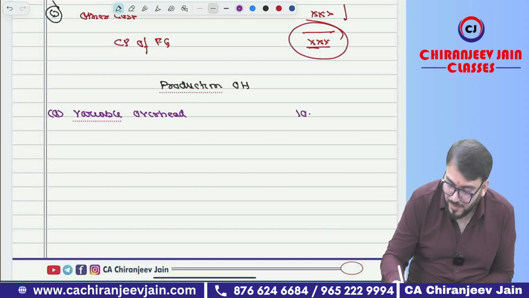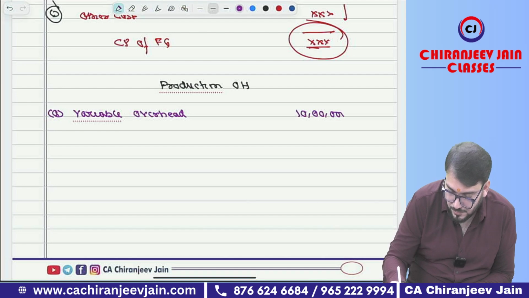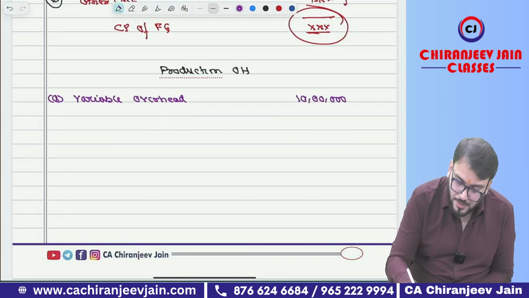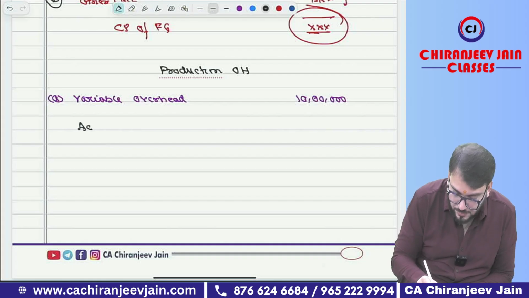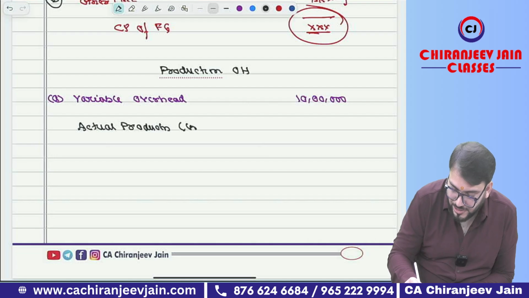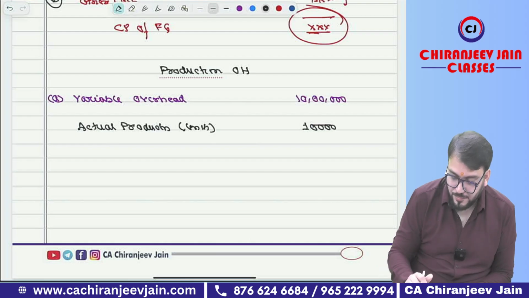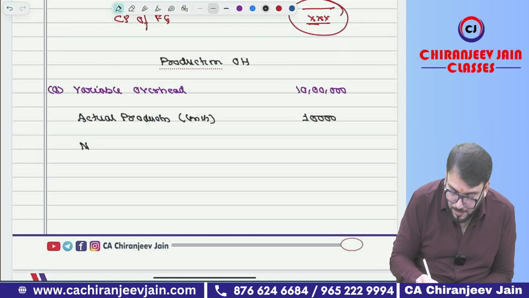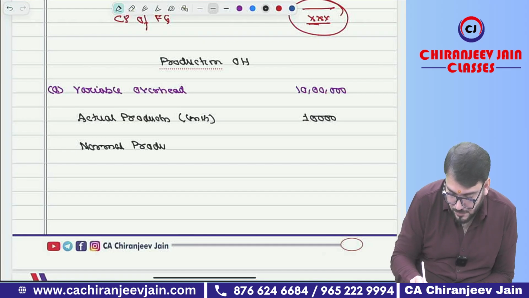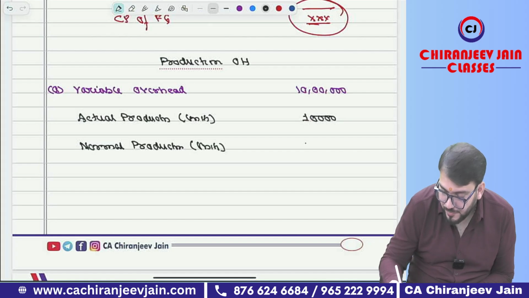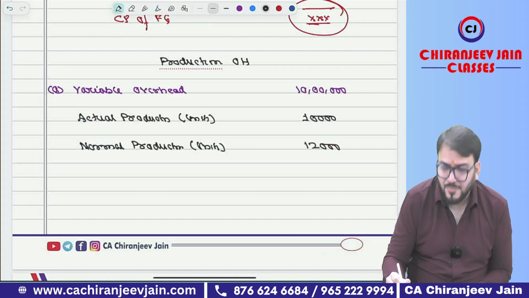Suppose you have incurred variable overhead of 10 lakh, and your actual production in units is equal to 10,000, but your normal production in units is 12,000. So what is actual production?